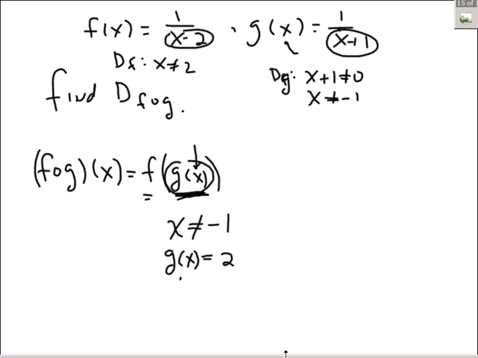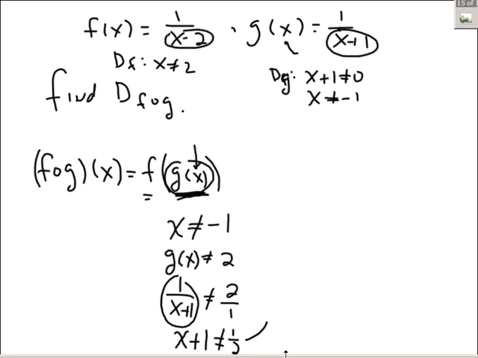That is, 1 over x plus 1 cannot be 2, which, by the way, is the same as 2 over 1. The easiest way to solve this is to take reciprocals. So I want x in the numerator. The reciprocal of that is just x plus 1. The reciprocal of the other side is a half.